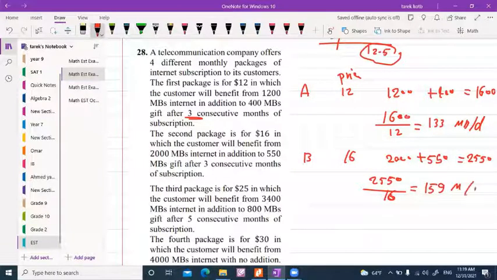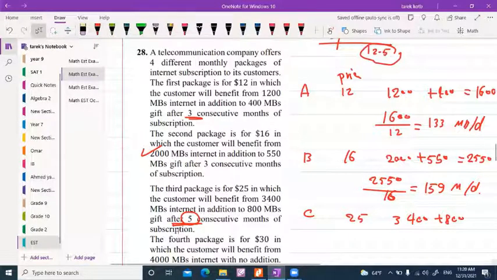Okay, company C, or offer C. The third package is 25 price, in which the customer will benefit from 3,004 megabyte internet in addition to 800 megabytes gift after 5 consecutive months. Now we have to discard this option, because in the end he said that.